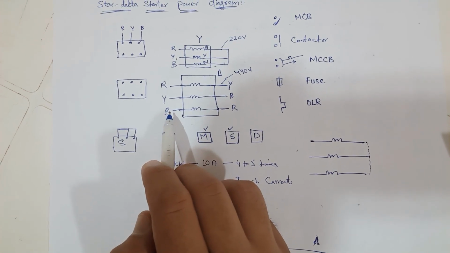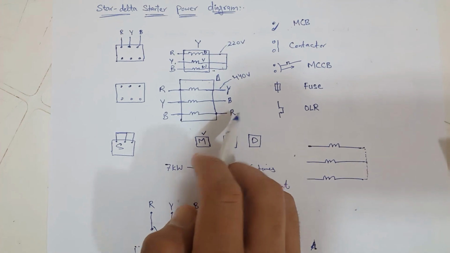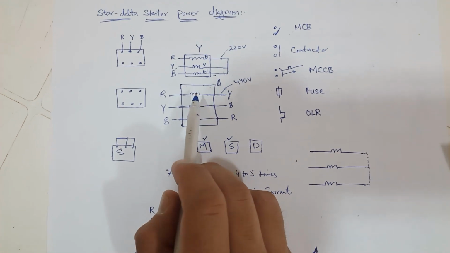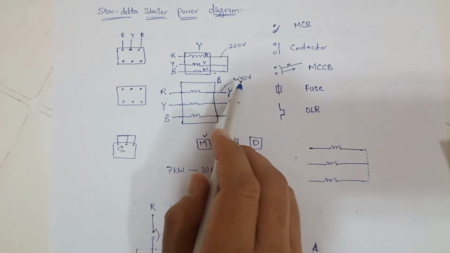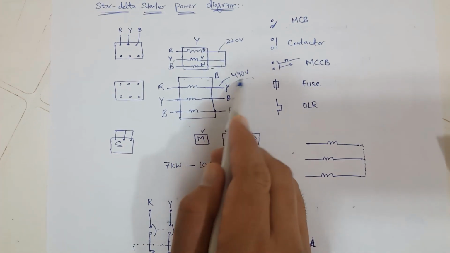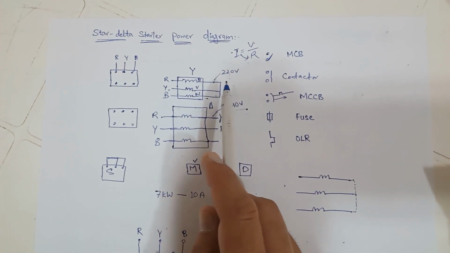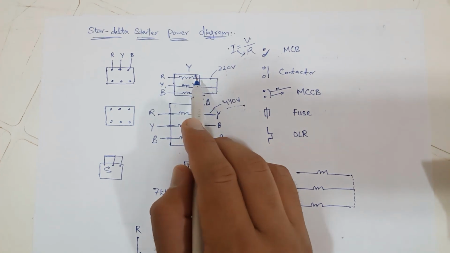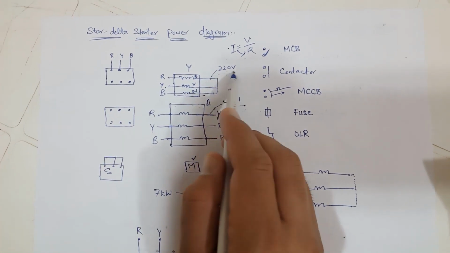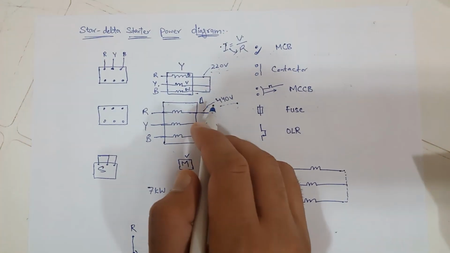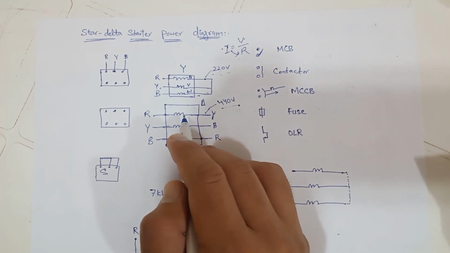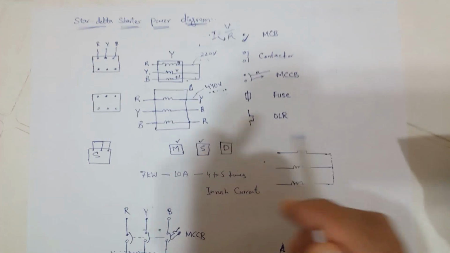Last, start is supplied by blue and end by red. So every winding has 2 phases, therefore there will be 440 volt. In star connection every winding draws 220 volt, single phase, and in delta connection every winding draws 440 volt.